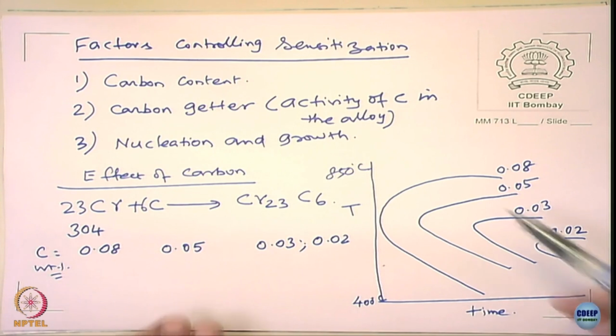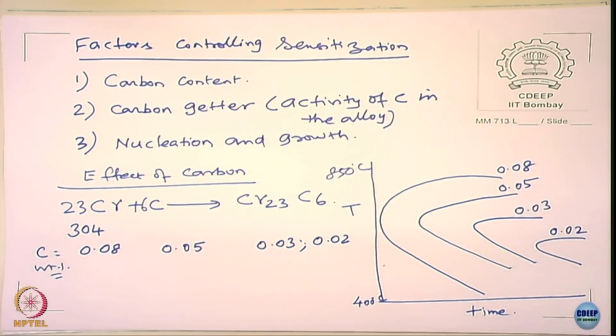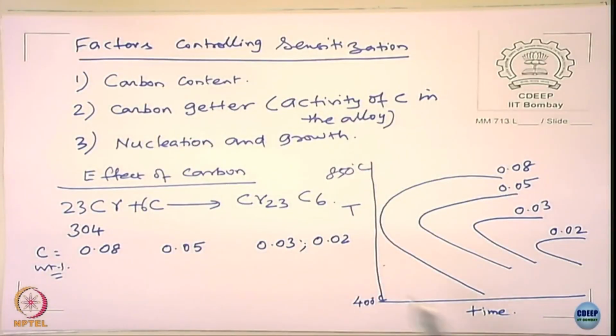Please look at even these also coming down. Why? Because the solubility of carbon, because it is just dissolved, there is not much carbon, so it dissolves at low temperatures completely. So you find that this moves towards the right side.